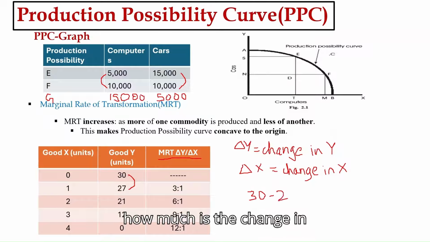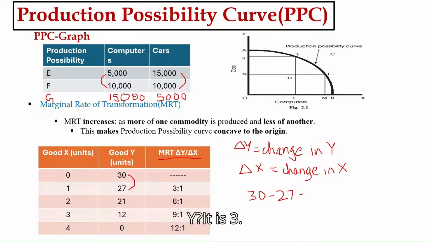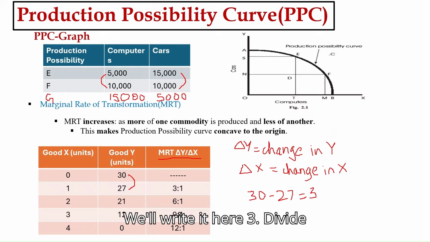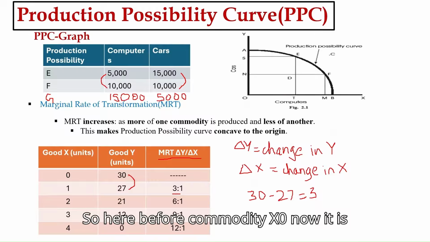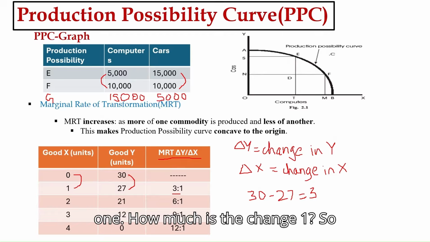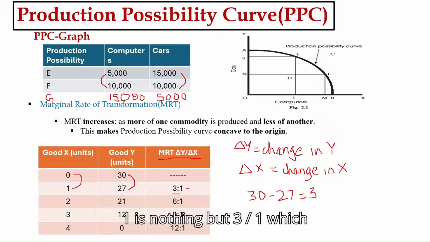How much is the change in Y? It is 3. We write 3 here, divided by the change in X. Before, commodity X was 0, now it is 1. How much is the change? 1. So our MRT is equal to 3 divided by 1, which is 3.